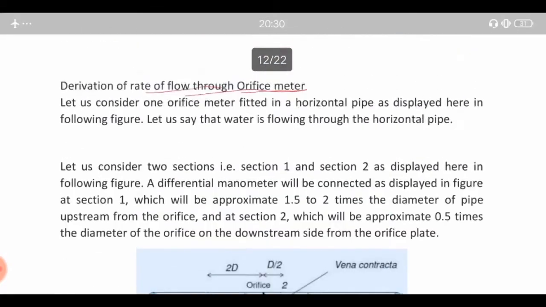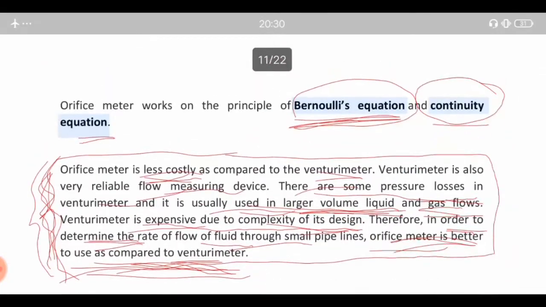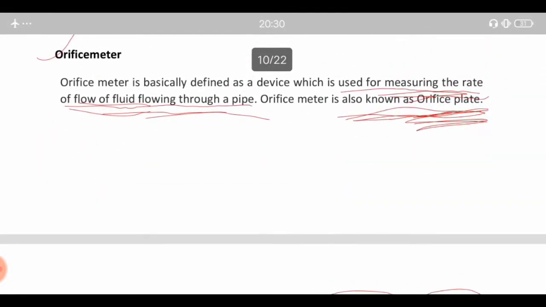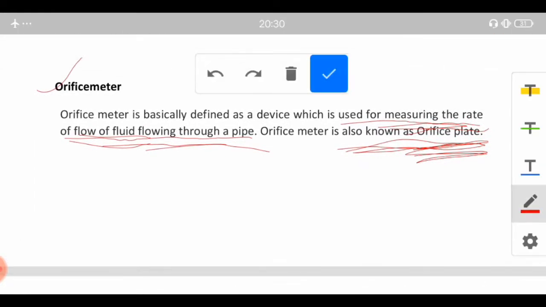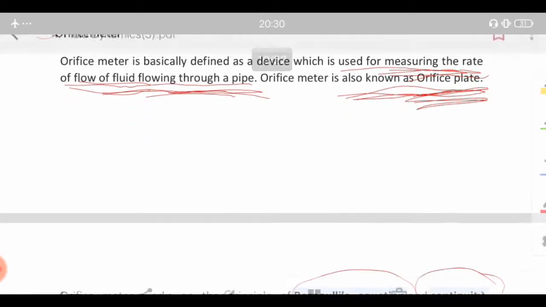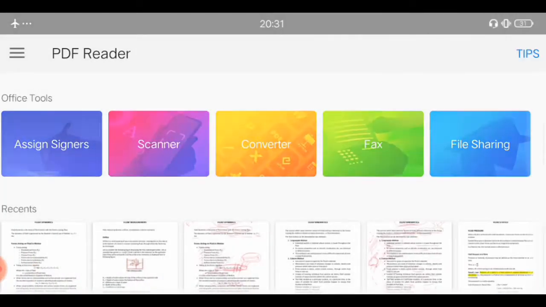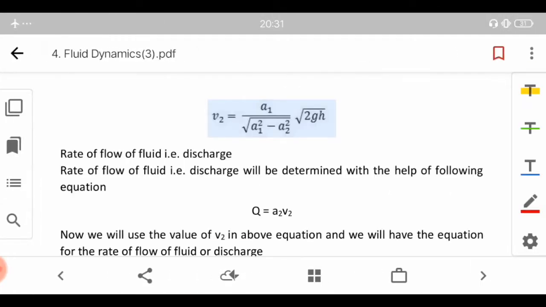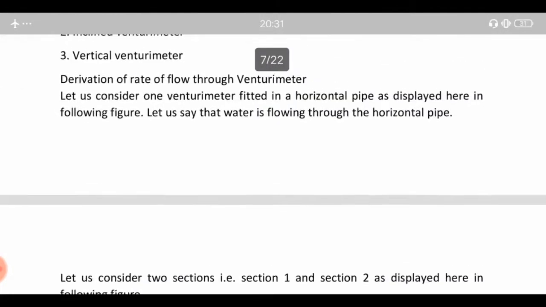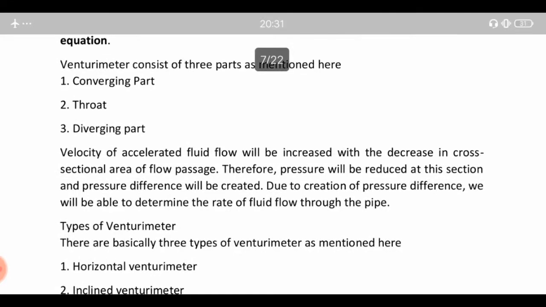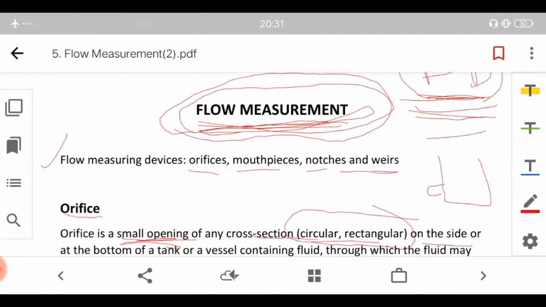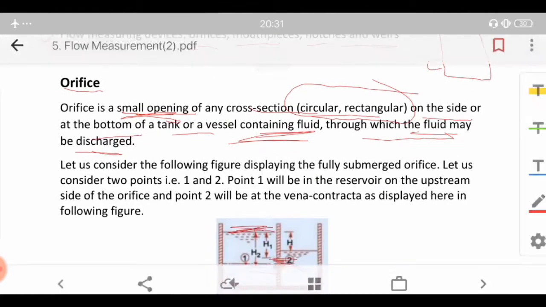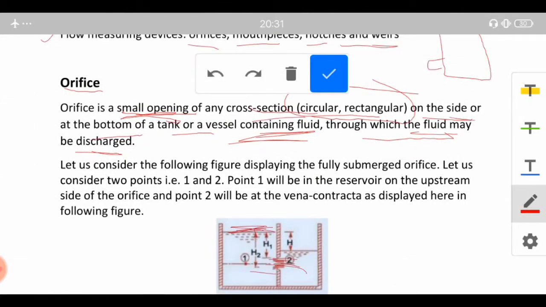So you can clearly note the difference that orifice meter is defined as a device which is used for measuring the rate of flow of fluid through a pipe, but an orifice is just a small opening or a cross section on the side or bottom of the tank containing fluid through which the fluid may be discharged.